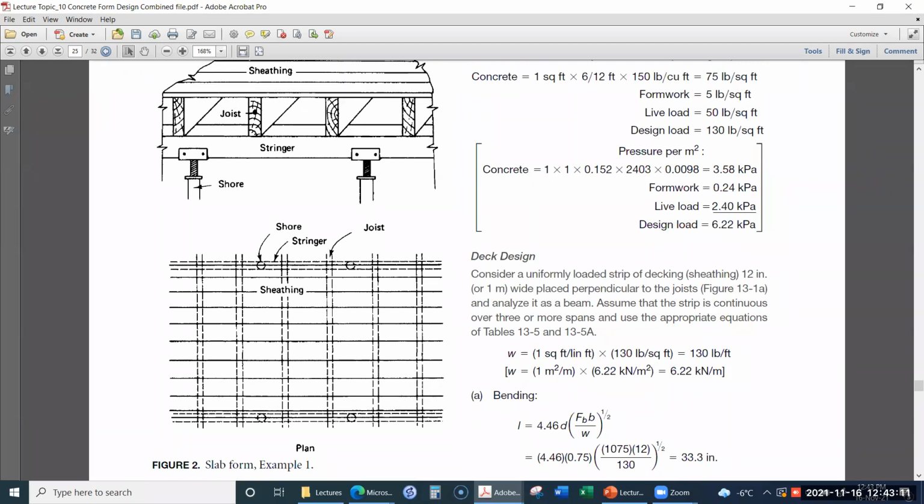Is anyone here? So we are going to start this example one. Hello.